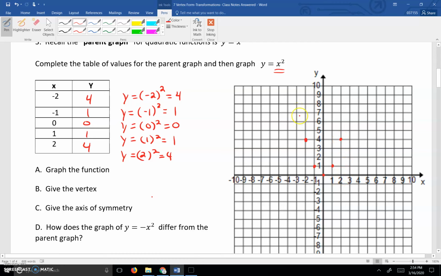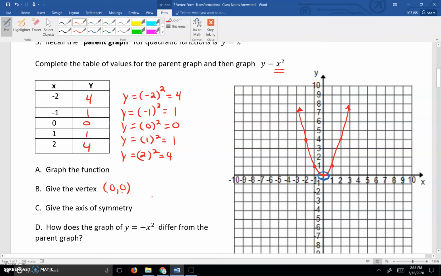I'm going to connect my points with a curve. And because my a value is positive for this, it's going to open up, create that U shape, and I will have a minimum. When I look at this function, the vertex of my parent function, the lowest point on my parent function, is the point 0, 0.